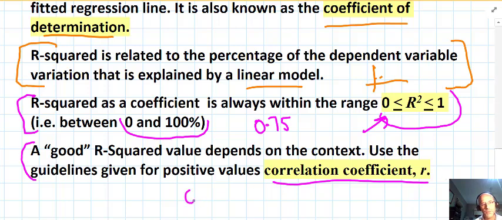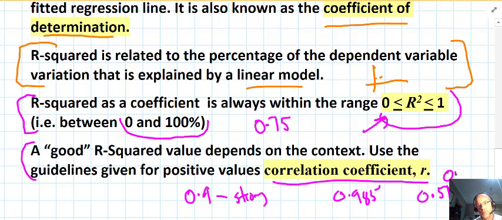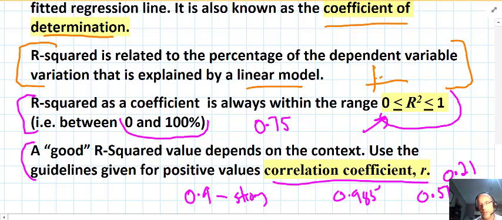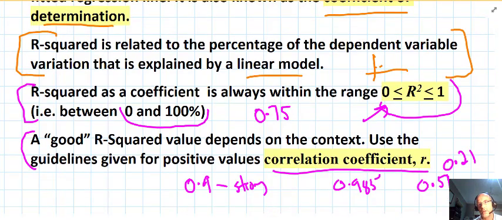So for example, something of 0.9 is strong. If something is 0.985, that's very strong. If something is 0.51, that's not strong. It's not very good, and you'd have less confidence with that. If something was 0.21, that's pretty weak. So it depends on the context.